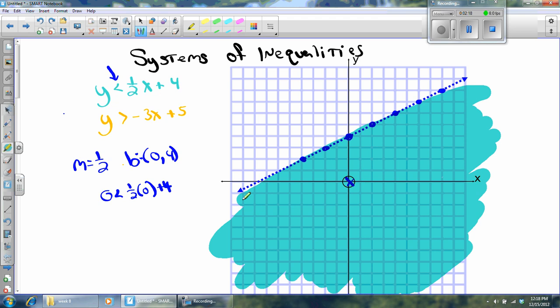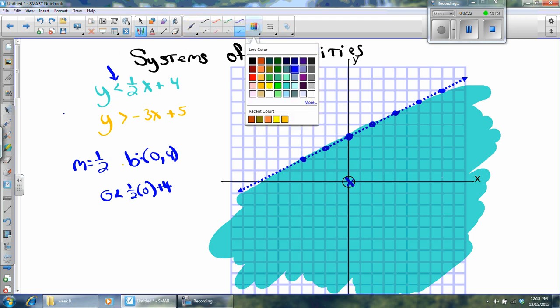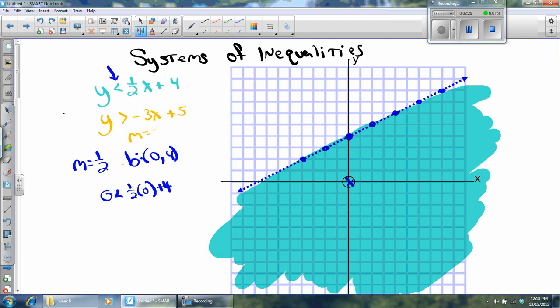Now for the yellow one. I've got a slope of -3 and a y-intercept of 5, so I'm going to plot (0, 5), which is right there.